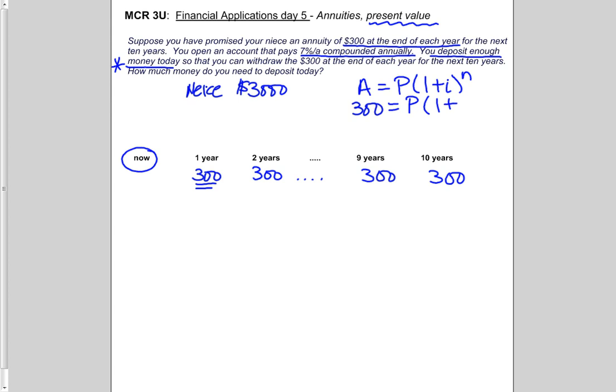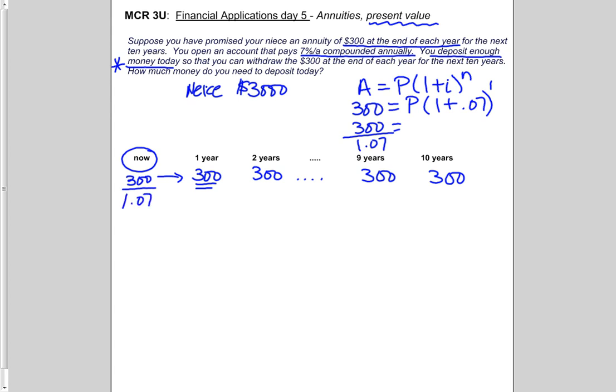It's 7% annually, so I don't have to change that number for 1 year. For that first year, I'm going to have 300 divided by 1.07. So for this one, I need 300 divided by 1.07.